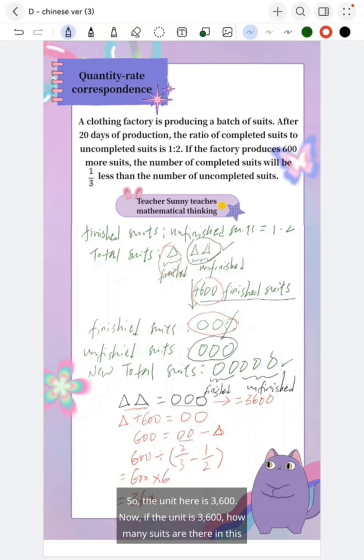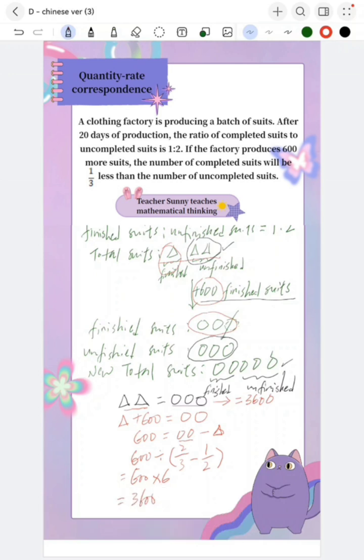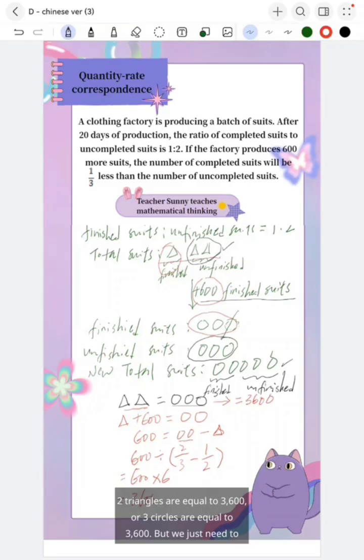Now, if the unit is 3,600, how many suits are there in this batch? That is to say, before any changes were made, how many suits were there in total? There are 3 parts represented by triangles, right? 3 triangles. So that means 2 triangles are equal to 3,600, or alternatively, 3 circles are also equal to 3,600.